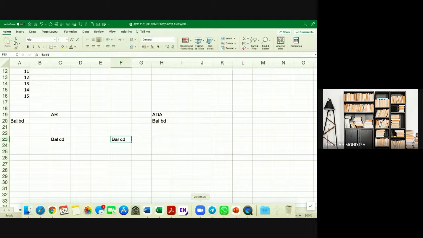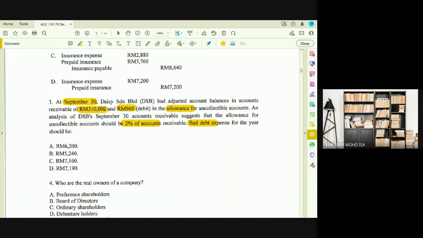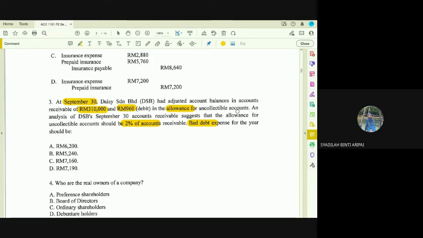So what is the information given to you? As at 30th September, you have an adjusted account balance in accounts receivable of 310,000, and 960 debit in the allowance for uncollectible accounts. Is this an opening balance or closing balance? Closing balance.